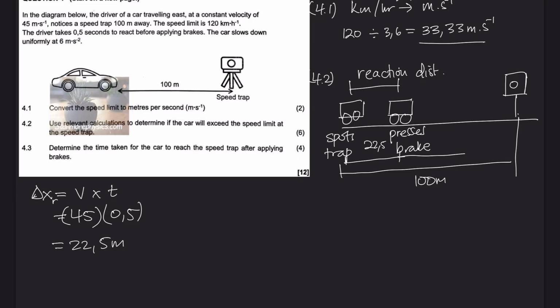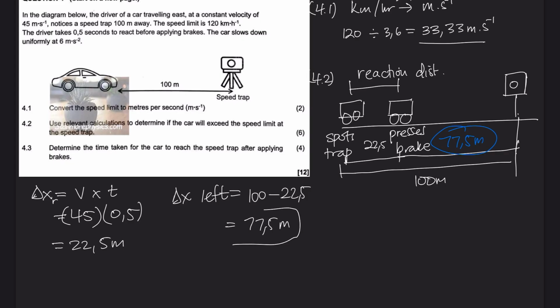That means the driver only has 77.5 meters left in order to stop, right? So we can say that the distance that's left is equal to 100 minus 22.5, and that's 77.5. Right, so this is the distance value that we need to use now.